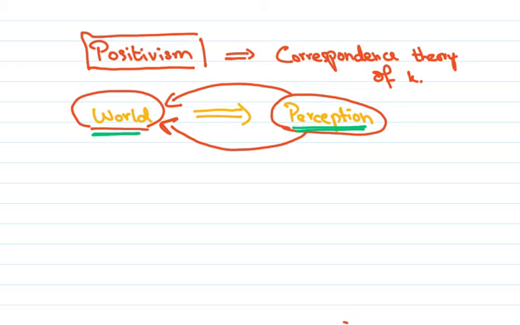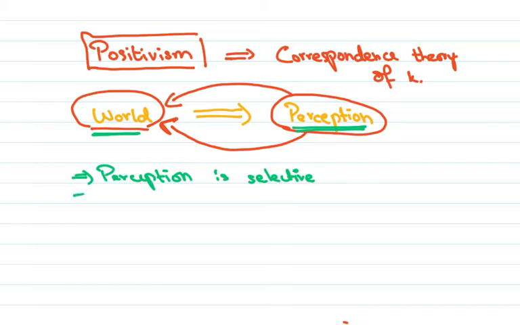Or is it that our perception is selective, in the sense that we perceive certain things and we leave out certain things? So it's not necessary that our perception corresponds to what is really out there.